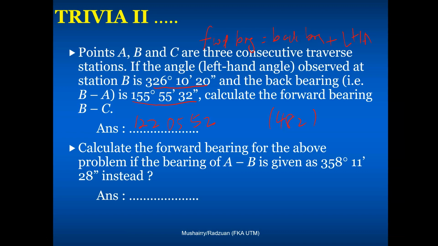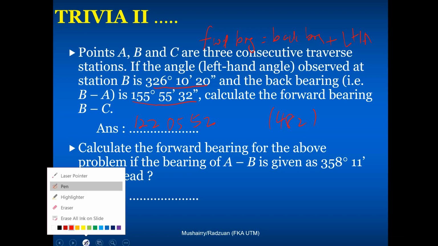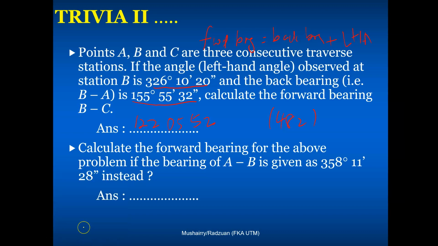Now the second question says, calculate the forward bearing for the same line if bearing A to B is given instead of B to A. So initially we were given B to A. Now let's say you're given A to B rather than B to A. That means you need to get the reverse bearing for that.